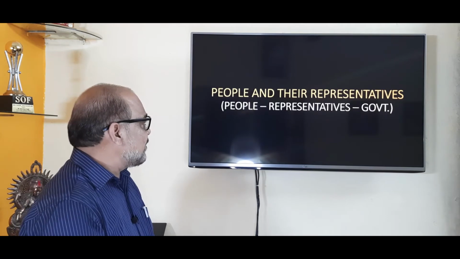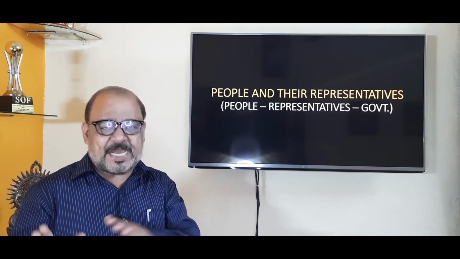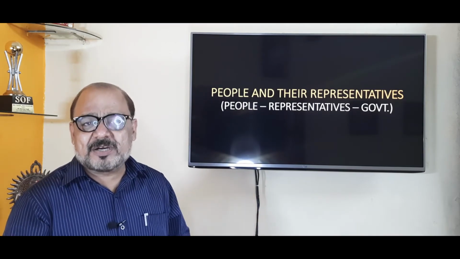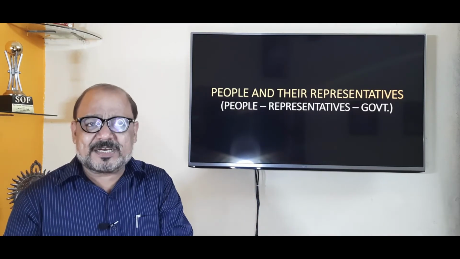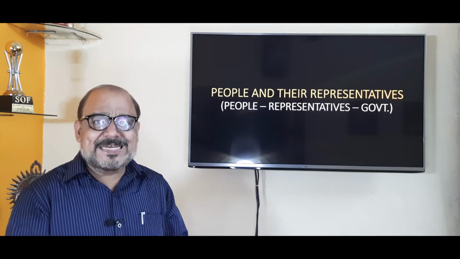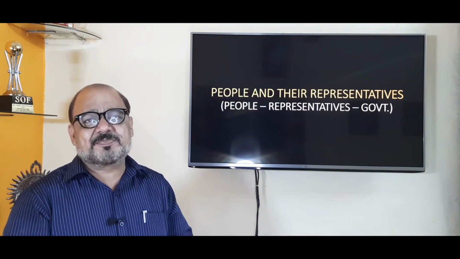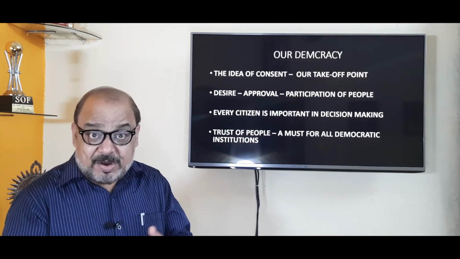People and their representatives. People elect representatives and representatives form the government, that is indirect form of democracy. That is the indirect form of democracy in the world at present. Now our democracy.